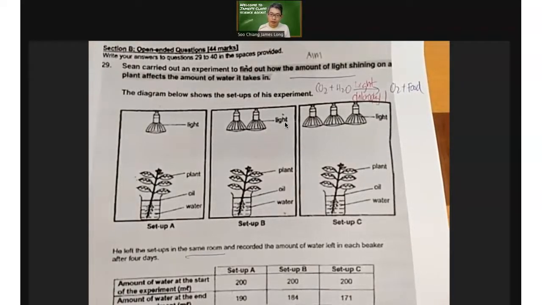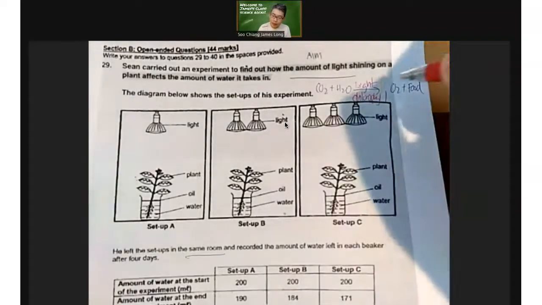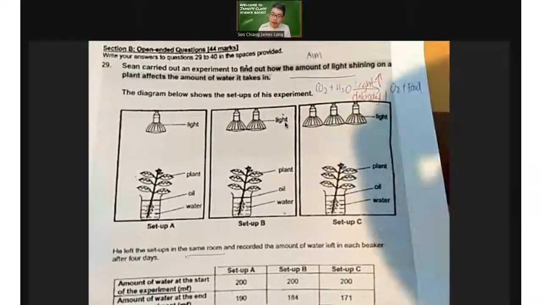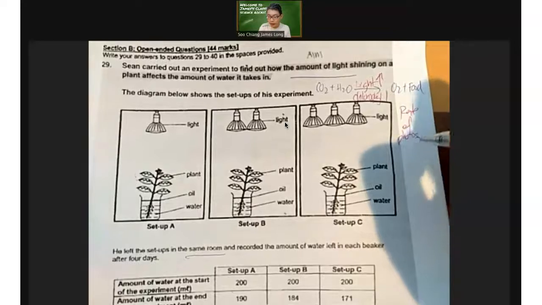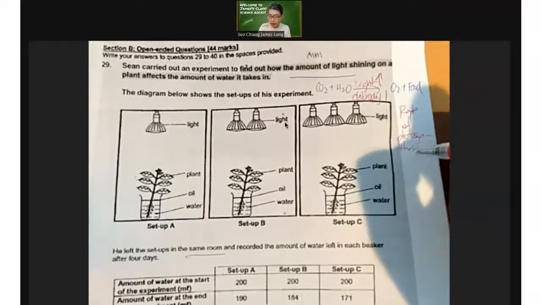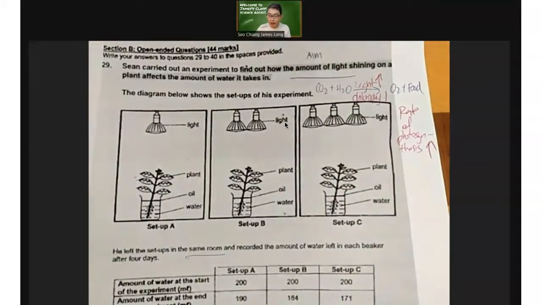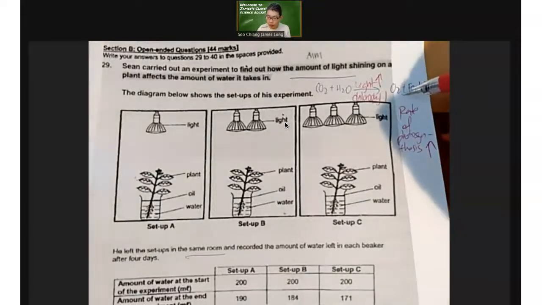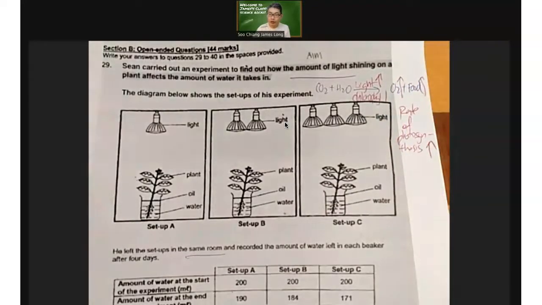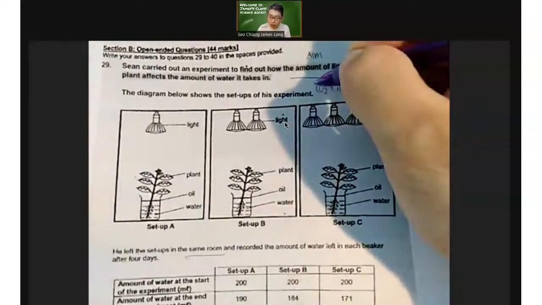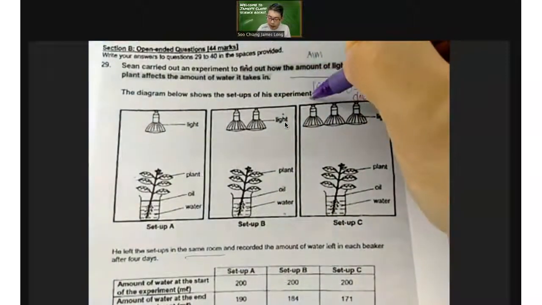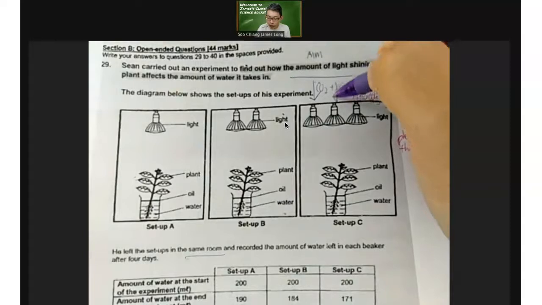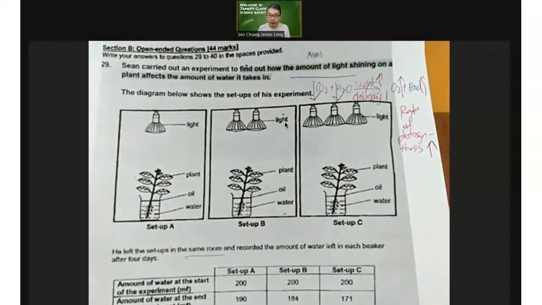So if there is more light, what will happen? The rate of photosynthesis will increase. If the rate of photosynthesis increases, that means there will be more oxygen bubbles and more food being produced, which concurrently also means more carbon dioxide used, so there will be less carbon dioxide left, and there will be less water left inside the beaker.